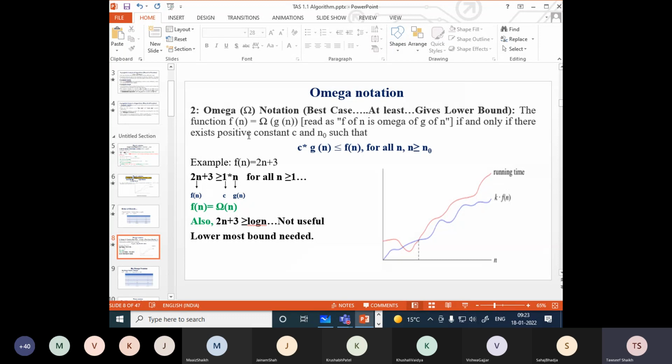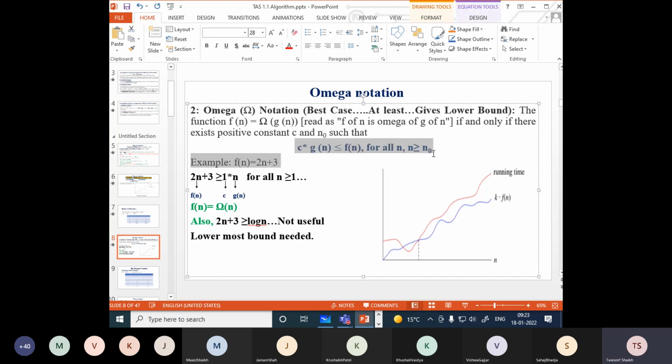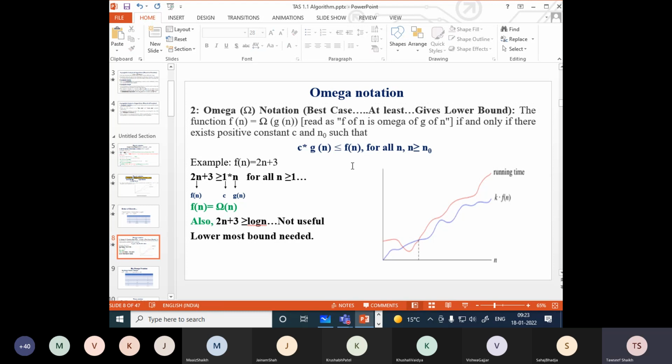And as mentioned in the big O, omega takes this form: f of n is equal to omega of g of n, and is read as f of n is omega of g of n. The condition here is that we just exchange the inequality sign. In the big O notation, f of n was less than or equal to c into g of n.